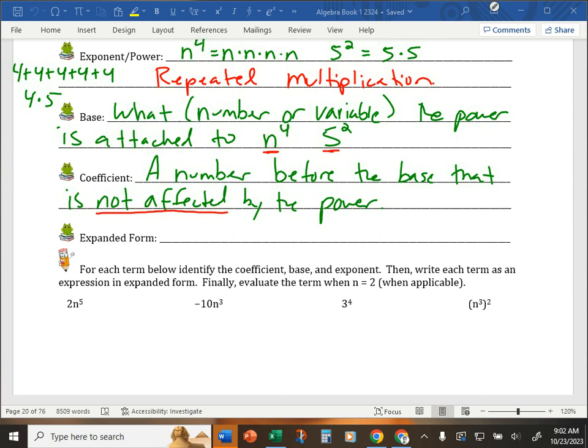Most of what we say comes back to order of operations. This is one of those cases. We'll just do the first example down here, 2n to the fifth. It encompasses all of these things. In 2n to the fifth, we can see the power, that's the 5 there. The base, what the power is attached to, is the n. But that 2 out there, the 2 is the coefficient.